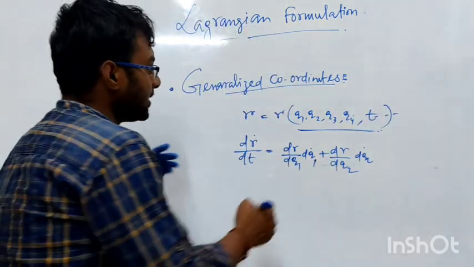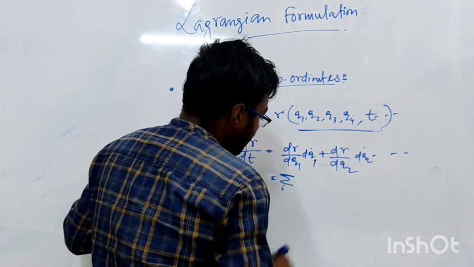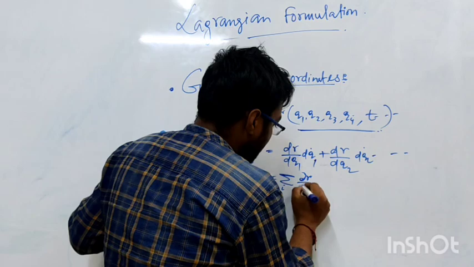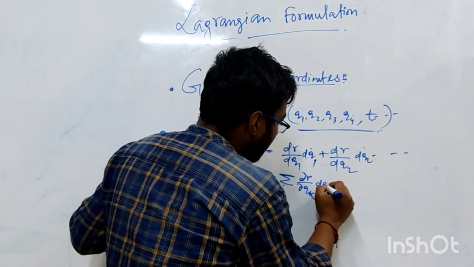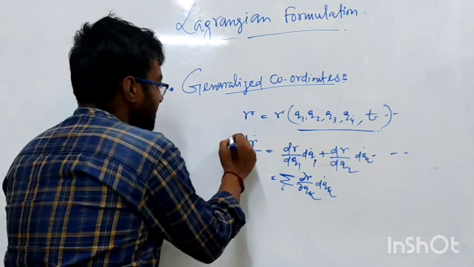So we can represent this as the summation over k of del r del qk into qk dot. So it gives the velocity.